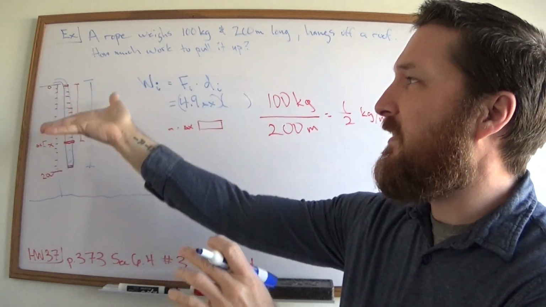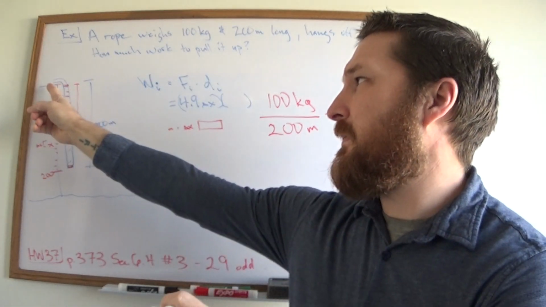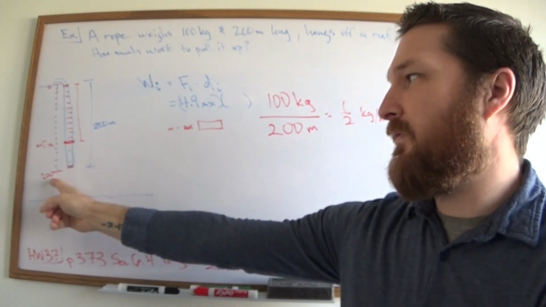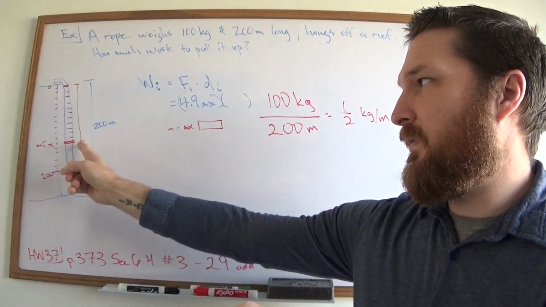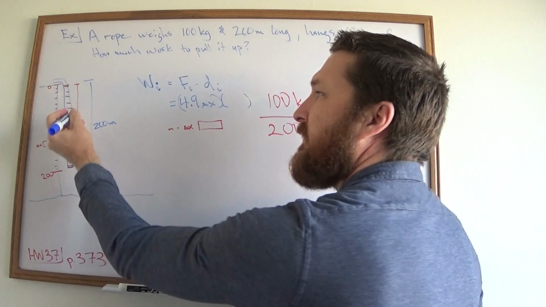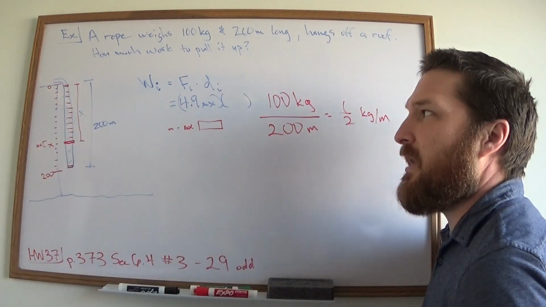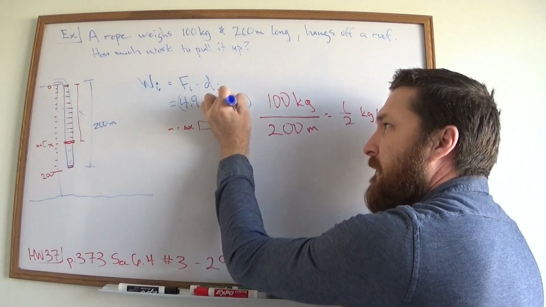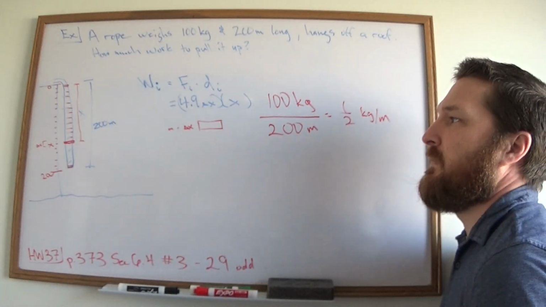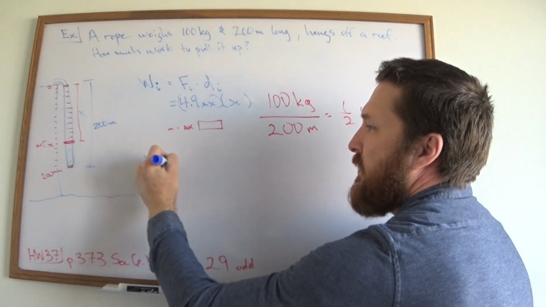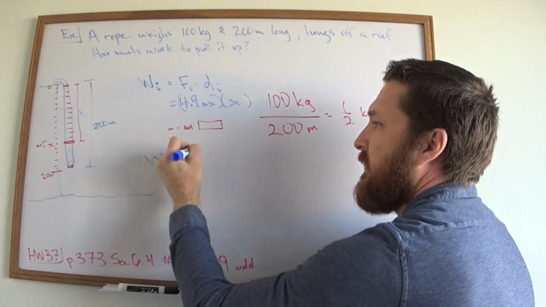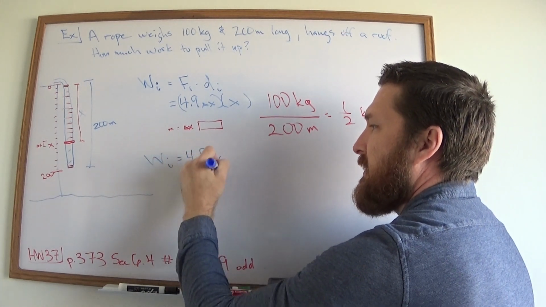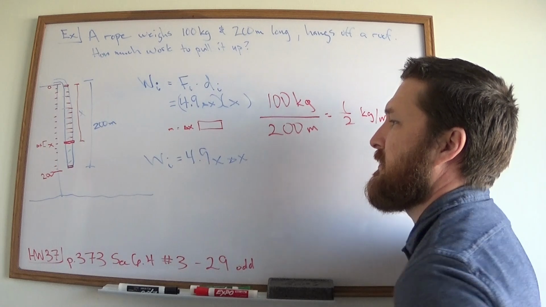But the way that I've set this up, x is 0 at the top, and it gets bigger and bigger the further down we go. So when you're at x, you have a total of x that you need to travel. And so there's that guy right there. Putting all that together, the ith work bit that we have is 4.9 x delta x.